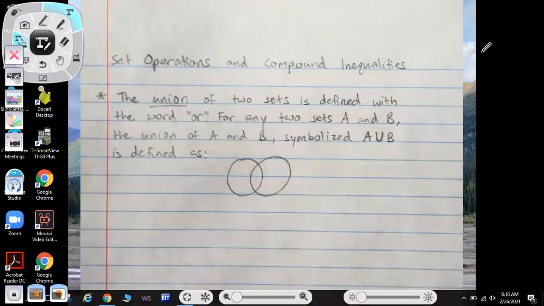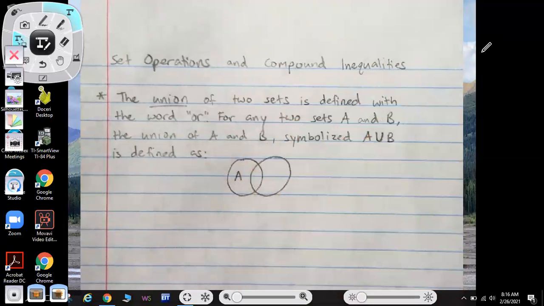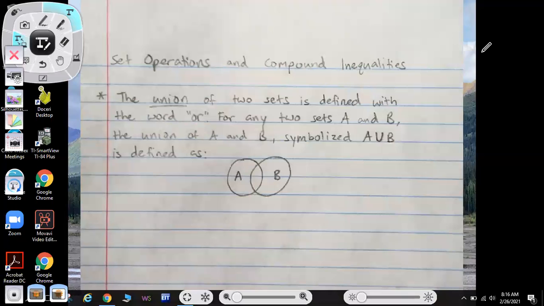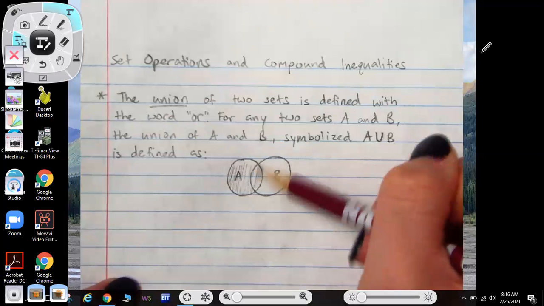So if we have a Venn diagram, and this is all the elements that are in set A, this is all the elements that are in set B, the union of A and B includes all of this.